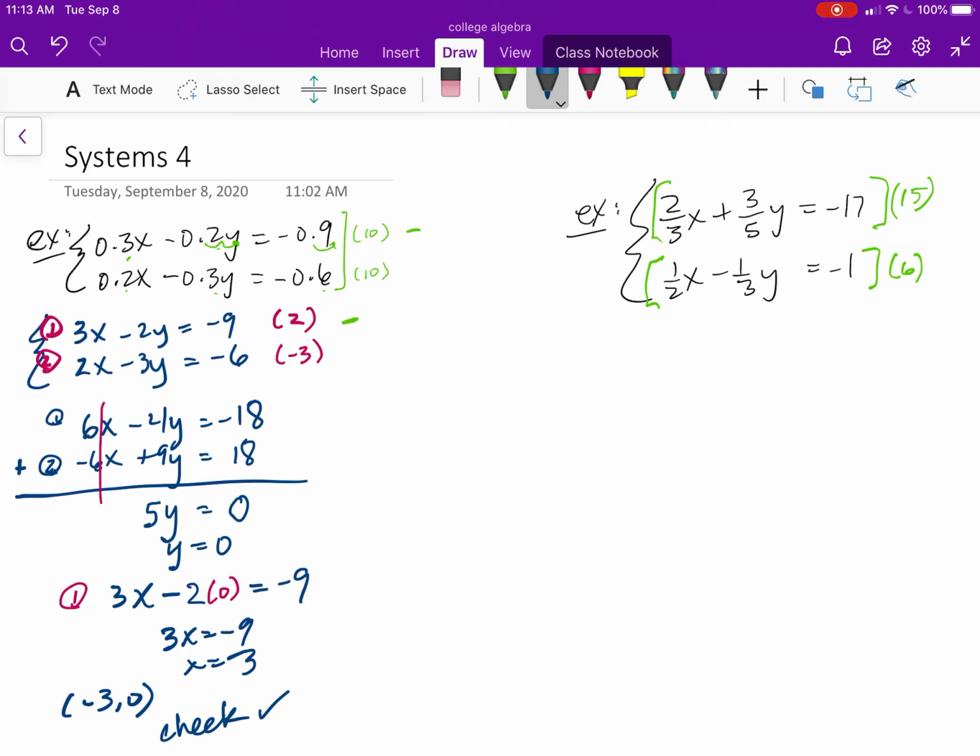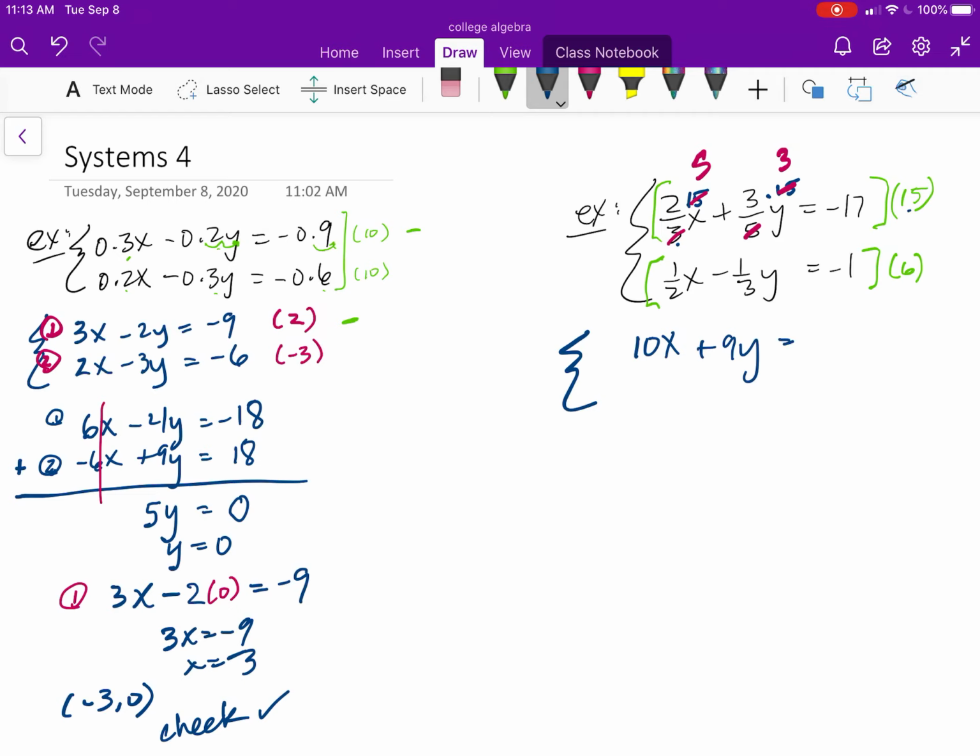So our new system of equations, let's see. 3 and 15 would cancel to a 5, right? So if I multiply by 15 right here, I cancel to a 5, so 2 times 5 is 10, so I'd have 10x. When I multiply by 15 here, 5 and 15 cancel to a 3, and we get 9y.